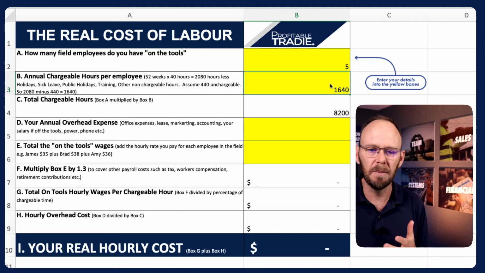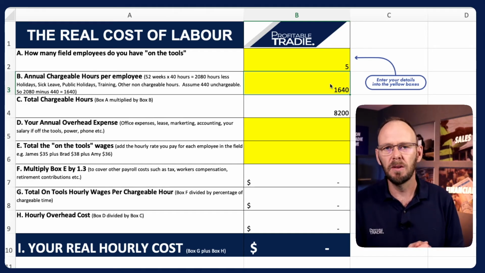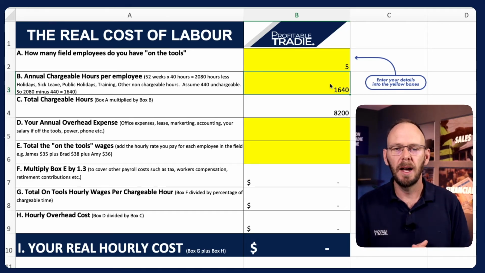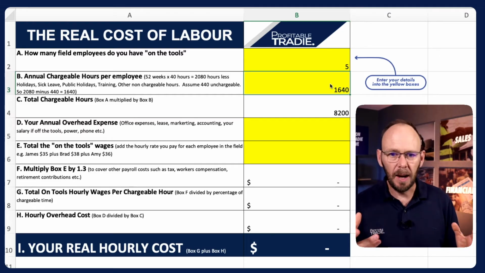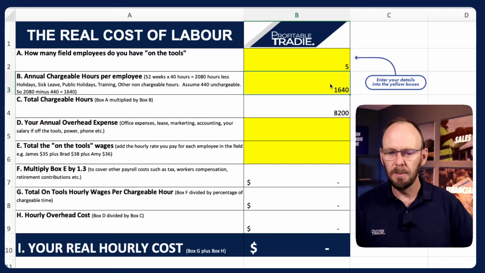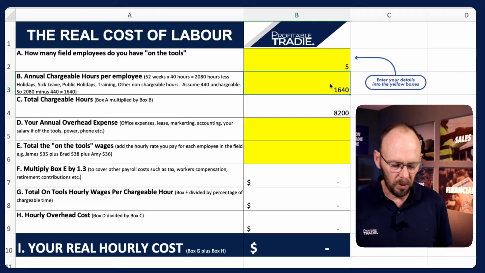It's going to depend on where you're based, what state, what country you're in, because there's different rules in different places. But how did I come to that figure? Well, let me show you an example of how we came to that figure. So we have 2,080 hours per year.